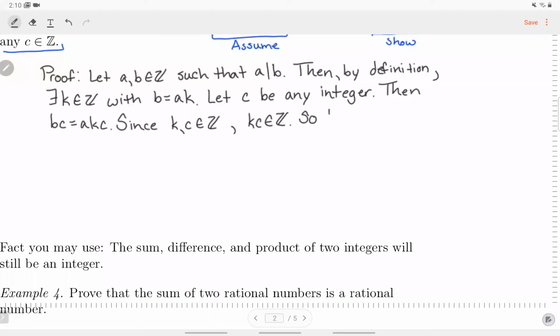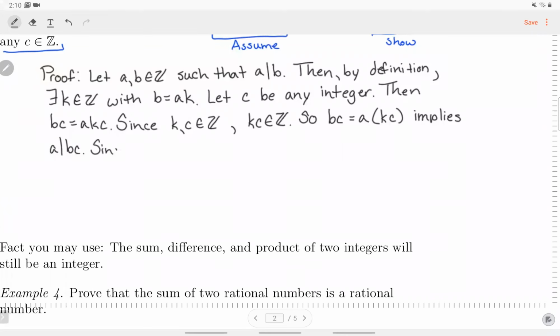So bc equals a times kc implies a divides bc. And technically we could end it here. I'm just going to write a little more.